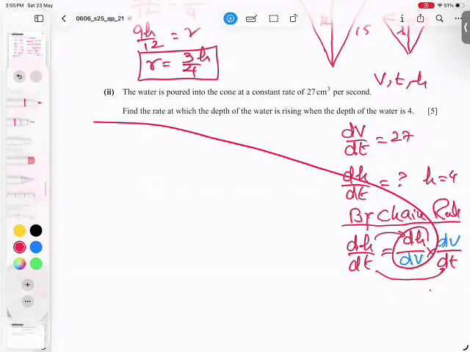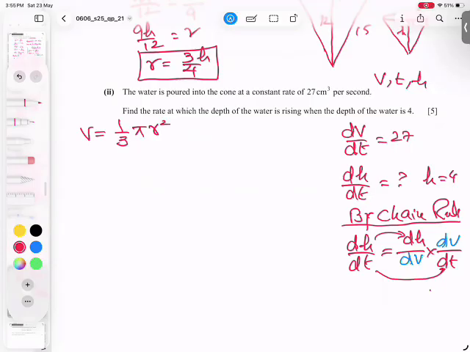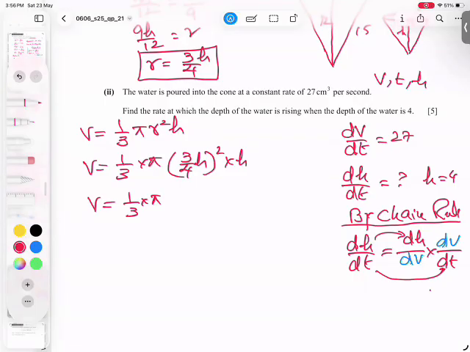So I'll go for the volume part. Volume of the cone is 1 by 3 pi r squared into h. And the radius is replaced by this, 3 over 4 times h. So 1 over 3 pi into 9 over 16 times h squared into h.